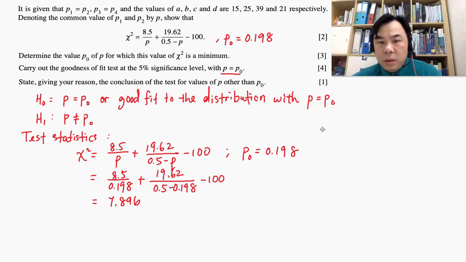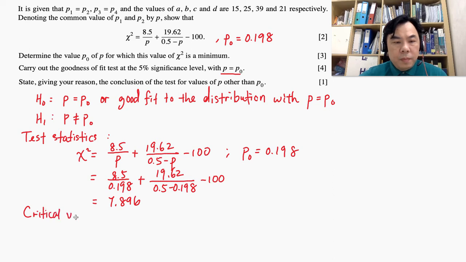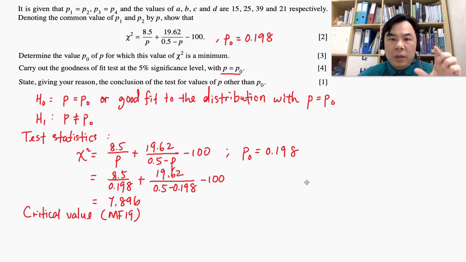I'm going to write it down here: the critical value. We're going to obtain this from MF19. Before that, we need to know what critical value we are looking at.